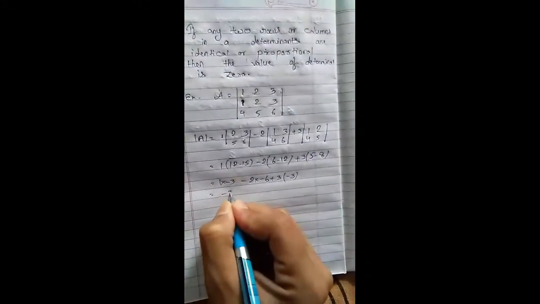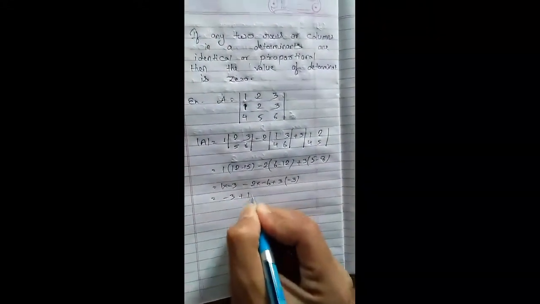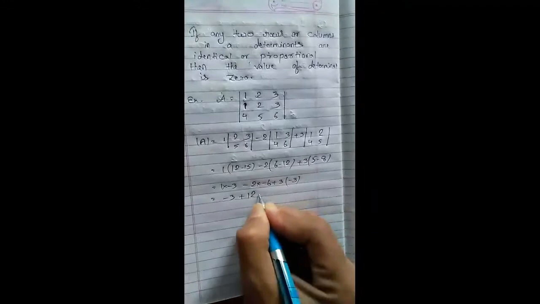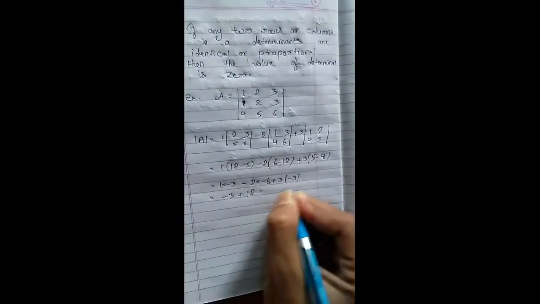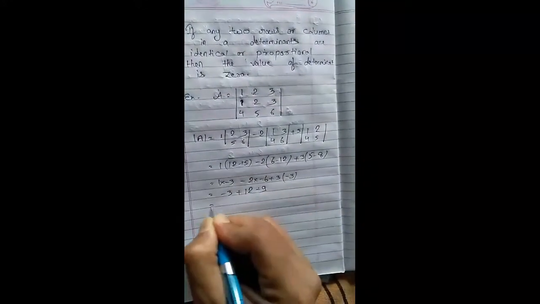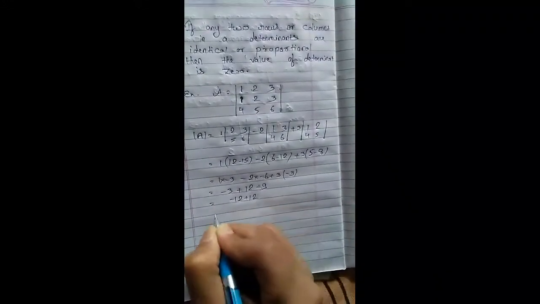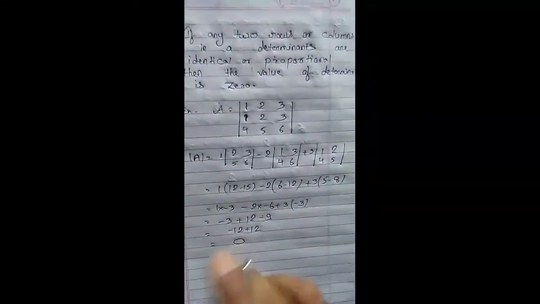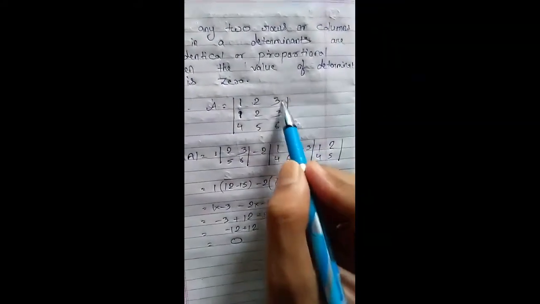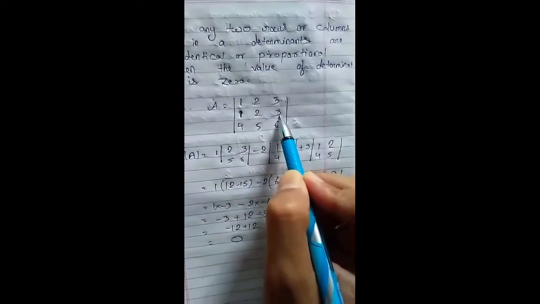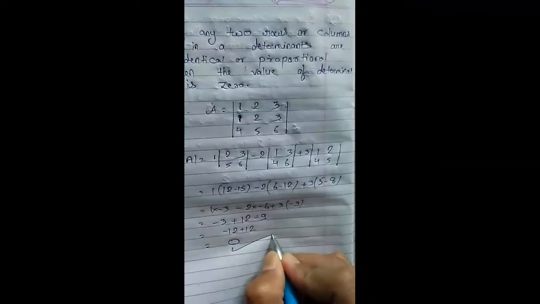That is minus 3, minus minus plus 6 2 is 12, plus minus minus 3 3 is 9. So minus 9, and minus 3 minus 12 plus 12 is equal to 0. So the property is what? Here two rows R1 and R2 are identical, then the determinant is 0.